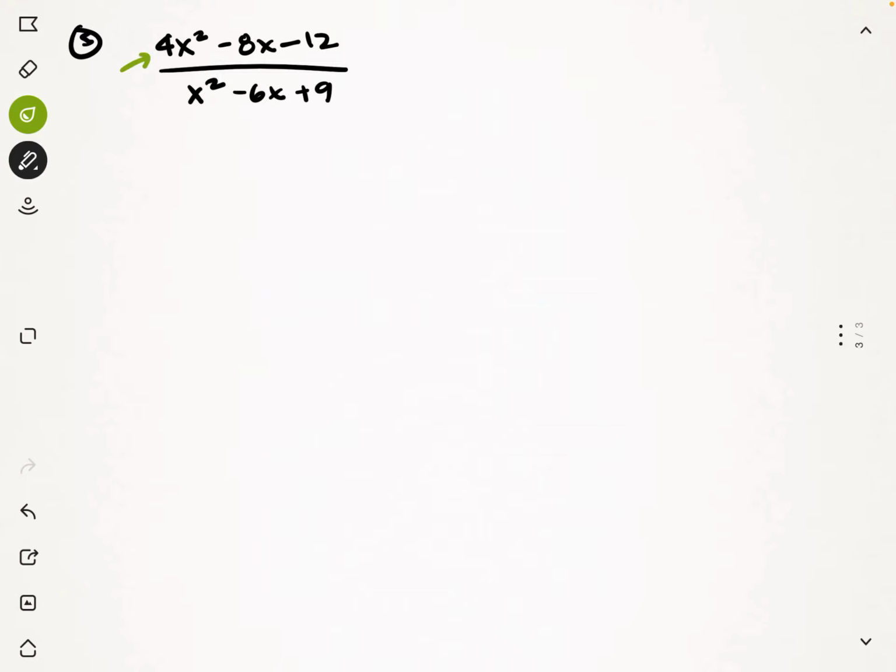I know that's all divisible by 4, so I'm going to pull my 4 out first before I start trying to do anything tricky. I took the 4 from the 4x squared. If I take 4 from negative 8x, that means I'm dividing, so I'm left with negative 2x. And from the 12, if I take 4 out, then I get 12 divided by 4, which is 3.